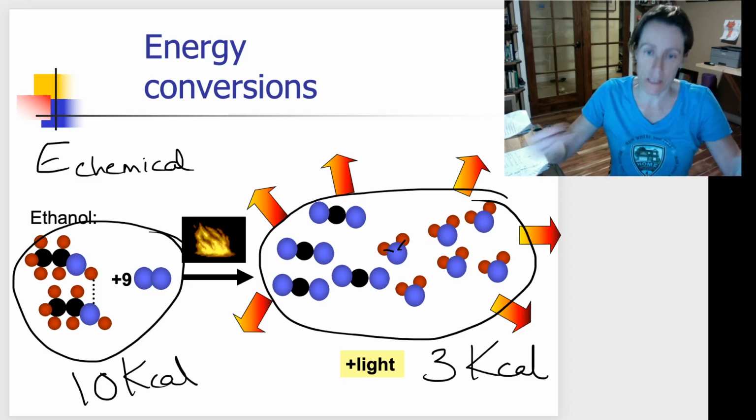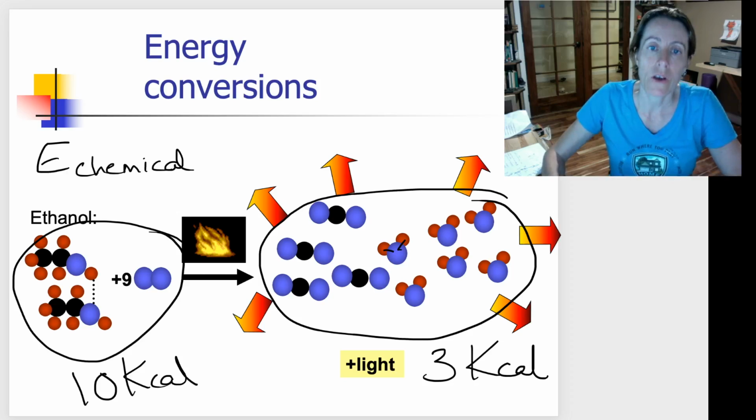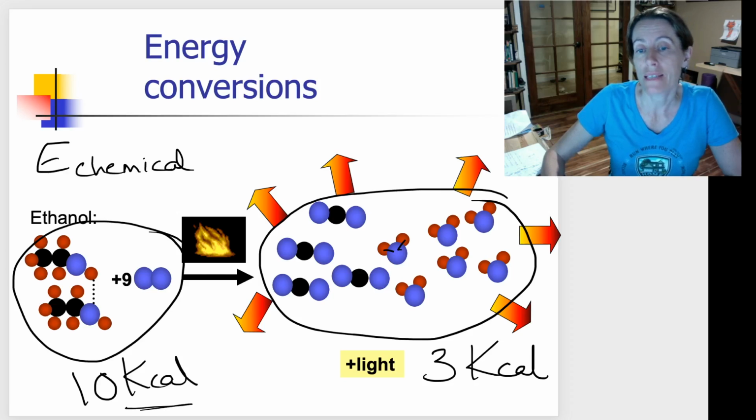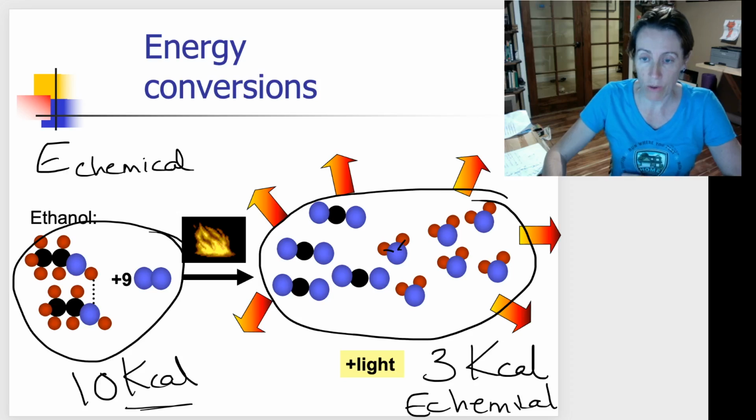So this is just a theoretical example. We started off with 10 kilocalories of E-chemical here on the left side, and we end up with 3 kilocalories of E-chemical stored in the chemical bonds of CO2 and H2O.